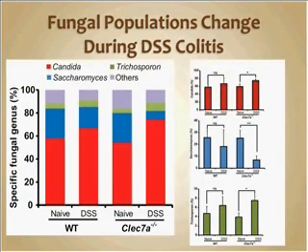Okay, but does the fungal microflora change during inflammation? And the answer is yes. Just look over here for a moment. These are the Dectin knockout mice. They experience very severe inflammation. You treat them with DSS. When you do that, you see that the Candida population expands.